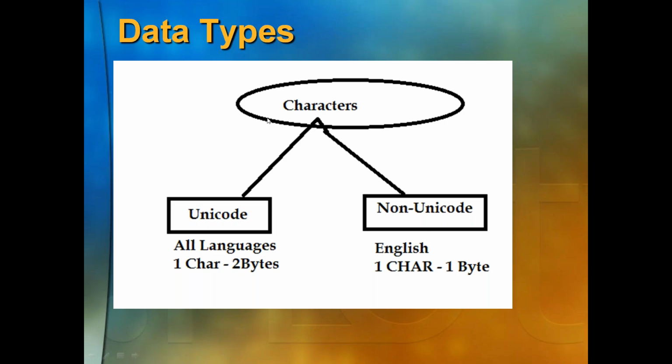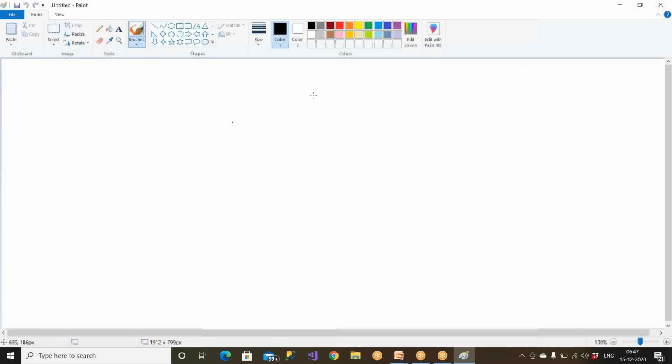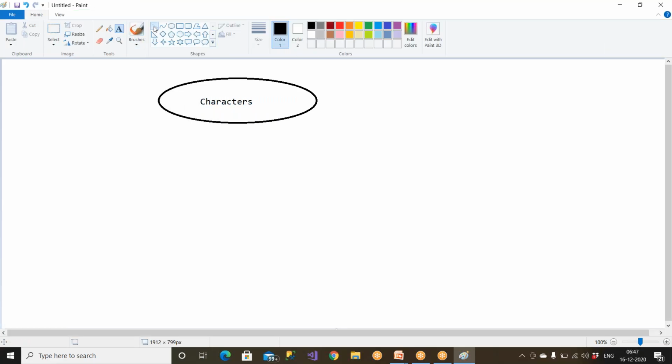If you take all the characters in this world, there are two types of characters. Okay, let me take a paint and draw it. So I'm talking about all the data. Okay, let me take all characters. There are two types of characters in this world.